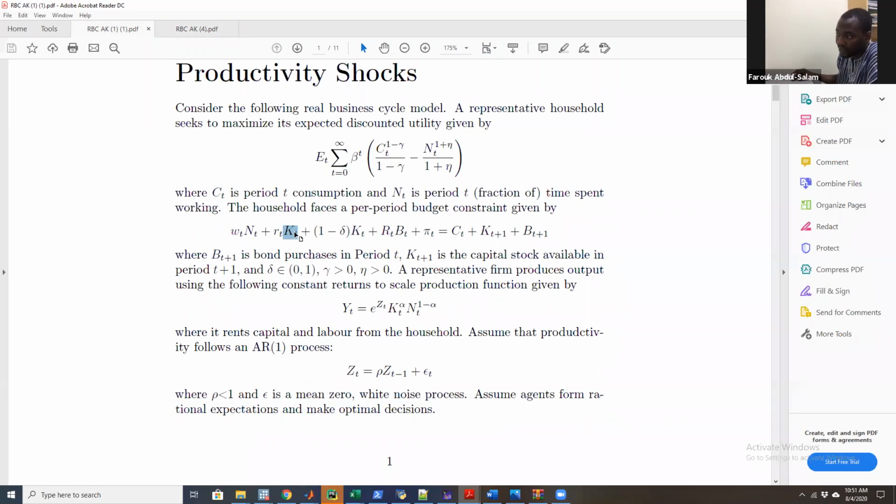The answer was that KT has already been determined, so we can't make a decision as to changing it. But we can make a decision as to changing KT plus 1, because that is the amount of capital we should have in the next period. So keep in mind this KT here is already determined, so it's not going to change.